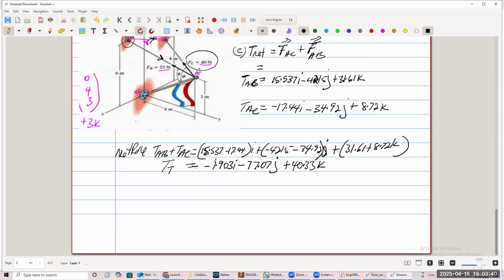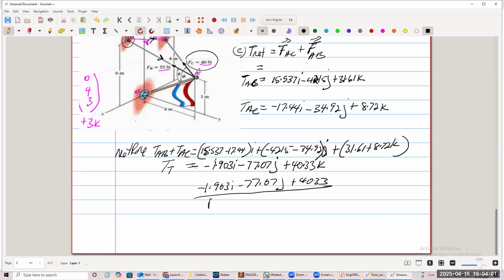So you find the modulus of the force. Yes, and you get back the unit vector of it. And from the unit vector, you get it. It's very simple. That's 1.903 I minus 77.07 J, plus 40.33 K. Just get the unit vector of it.